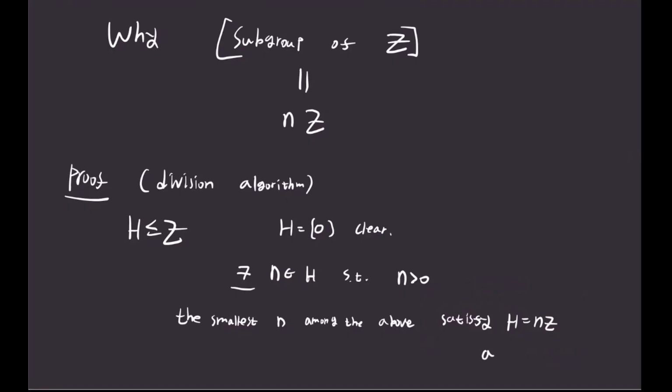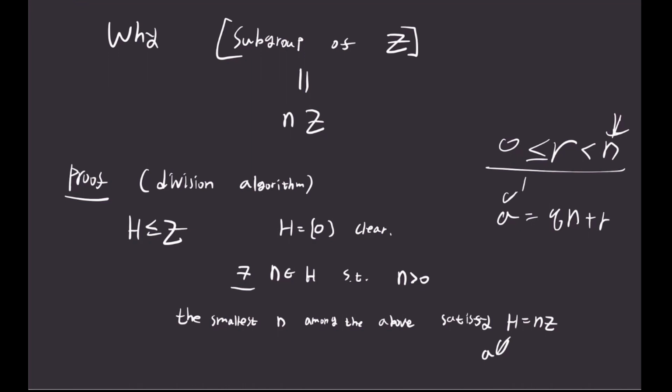If we choose some element a in H, then we can use the division algorithm, and a is equal to qn plus r, and r must be between 0 and n, the divisor, right? Then a must be in H, and also n is in H, so qn is in H, so r is in H, right?